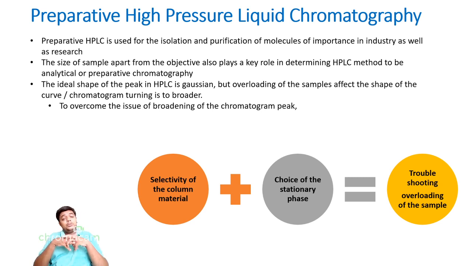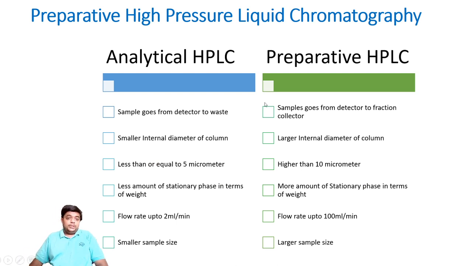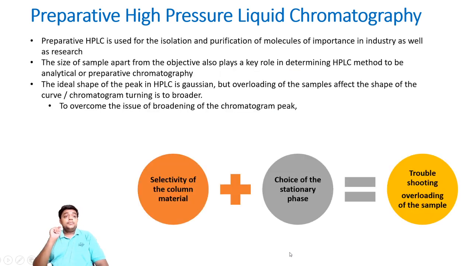If you go back to the medium pressure liquid chromatography lecture, it was very clearly mentioned that the objective is the key thing when you are defining the analytical method and the preparative method. But the size of the sample also plays a very key role, because the sample size is smaller in analytical HPLC and larger in preparative HPLC.